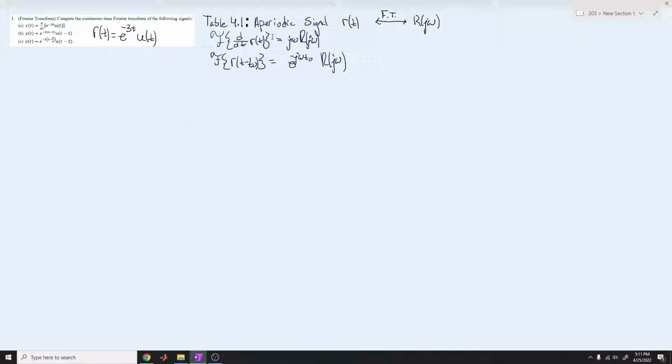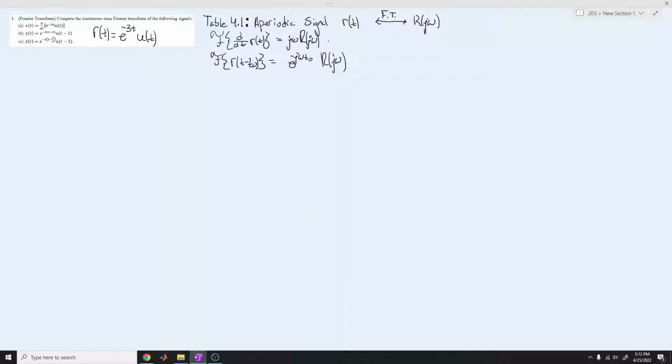From table 4.1, if we have some arbitrary aperiodic signal r of t, that signal is going to have a Fourier transform, and that Fourier transform we call big R of j omega. I have written down two very important properties from that table. One is that the Fourier transform of the time derivative of r of t is equal to j omega times the Fourier transform of just r of t.